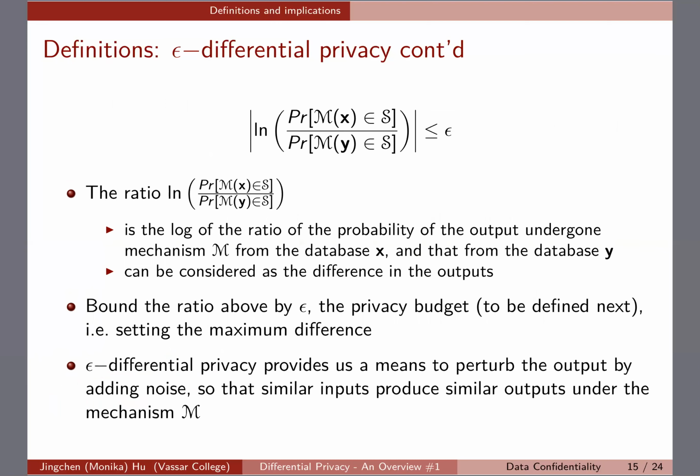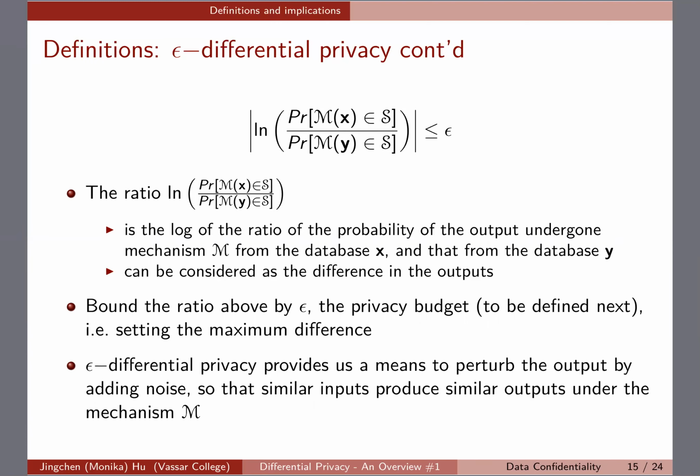The last bullet point here: epsilon differential privacy provides us a means to perturb the output by adding noise, so that similar inputs produce similar outputs under the mechanism M. This might sound very abstract or a little vague, but formally, this is how we define it. The key is that if I have very similar inputs, I want very similar outputs, because only by doing that are we able to provide privacy protection.